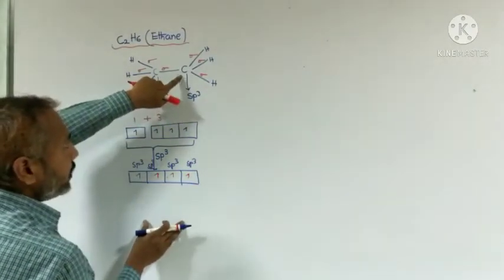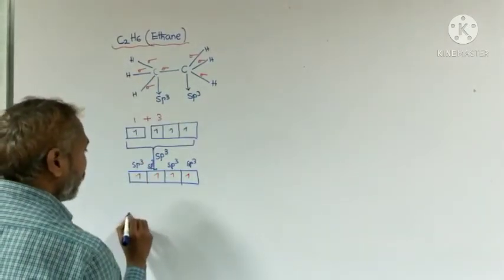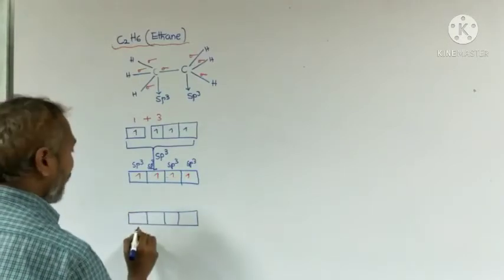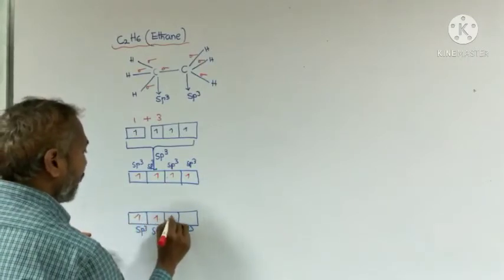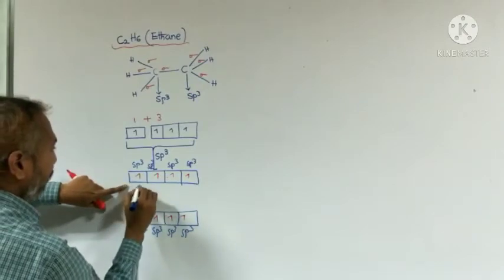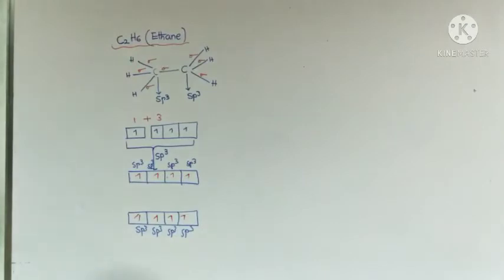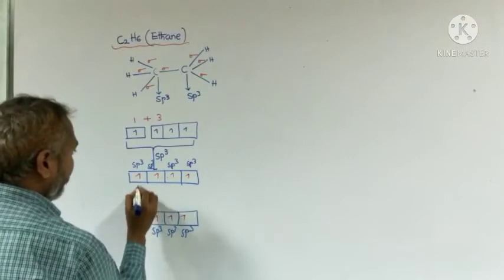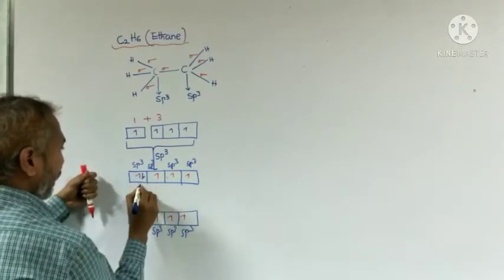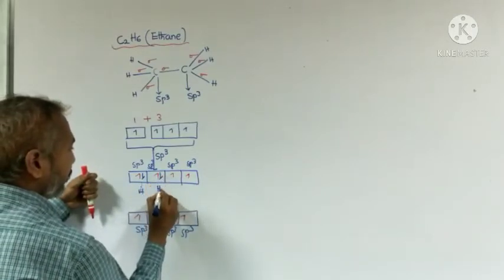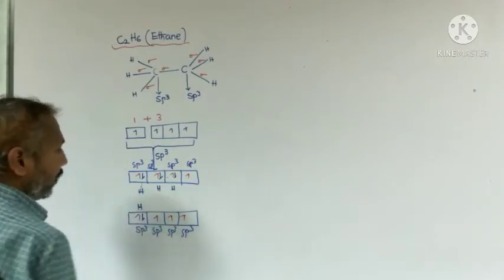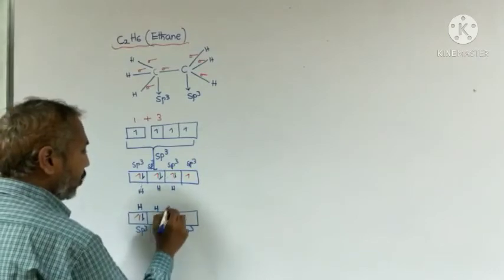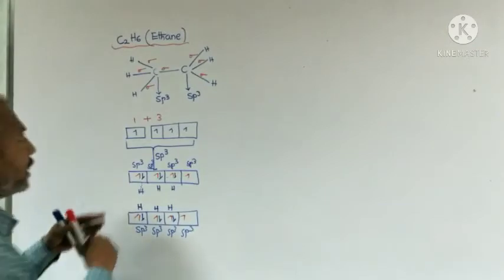Next is the C2 carbon. The C2 carbon also undergoes sp3 hybridization and forms 4 equivalent sp3 hybrid orbitals, all containing unpaired electrons. Next, the overlap. Three of these hybrid orbitals overlap with the s orbitals of hydrogen atoms, one each. But the last one, what is the sigma bond?